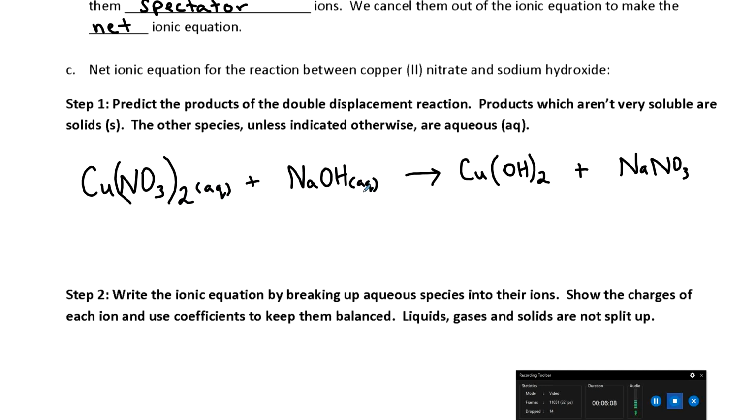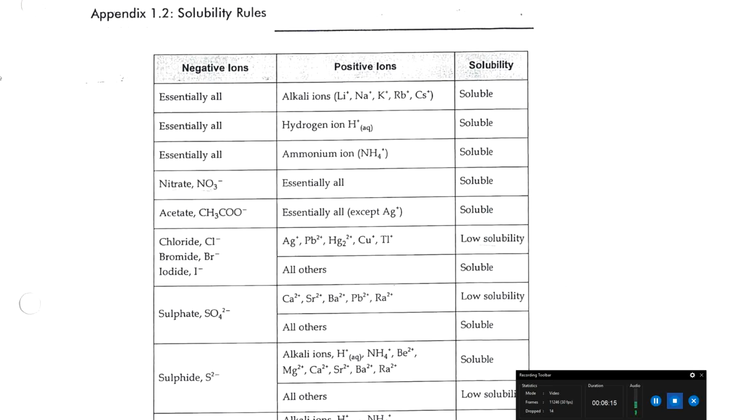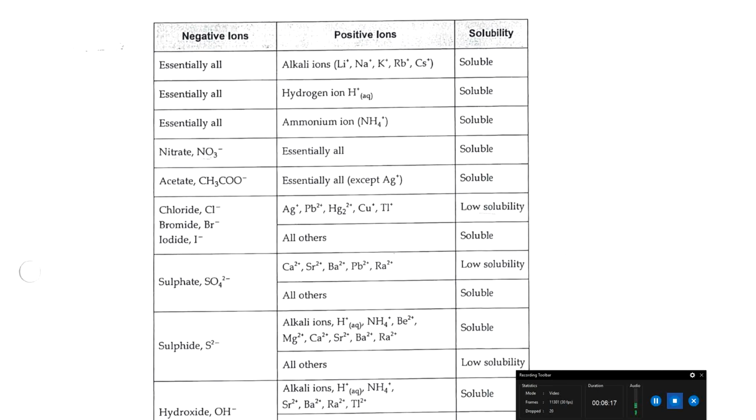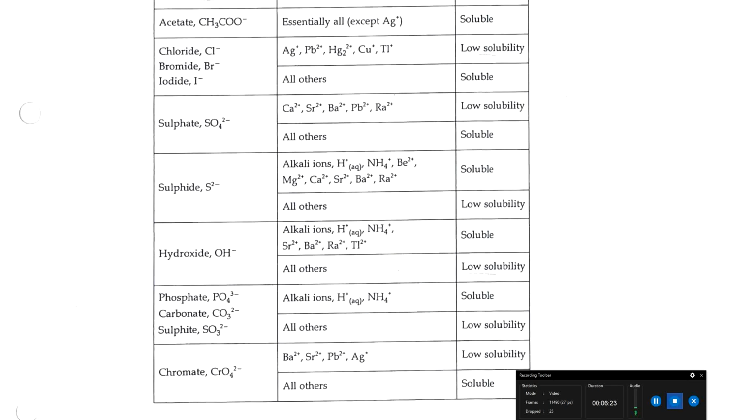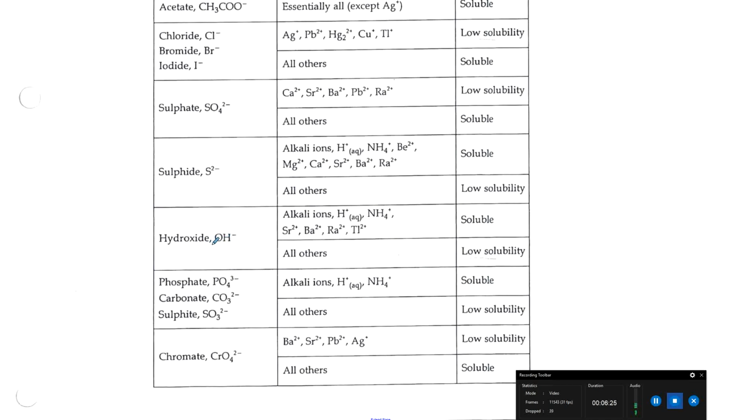Okay, so your reactants are always aqueous, but you need to figure out your products. To do that, we go to our solubility rules chart. One of our products was copper 2 hydroxide, so I'm going to skip down to hydroxide and look at the middle column here.